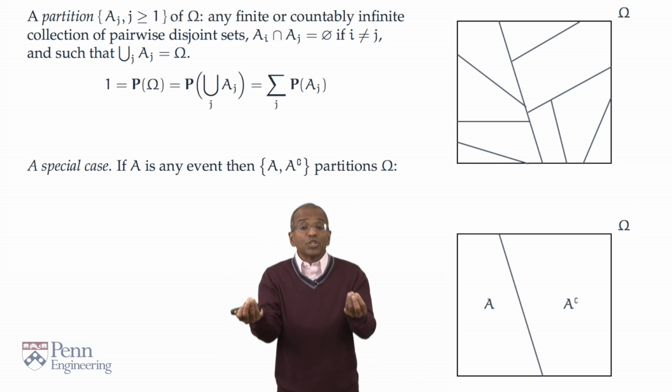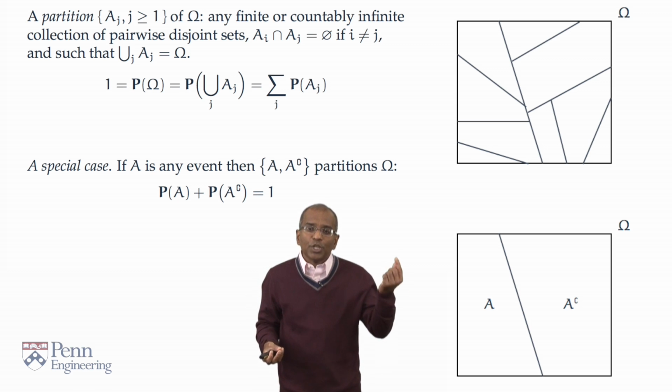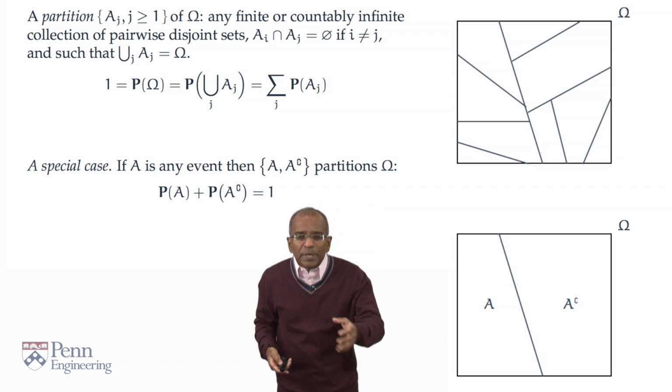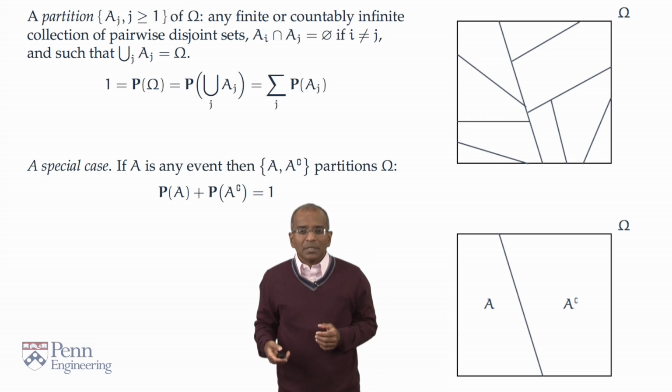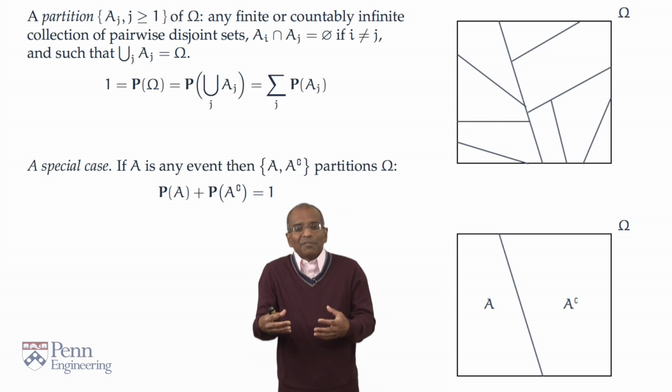A and A complement share no elements, they are disjoint, and the union is all of omega. Our additivity principle immediately tells us then that the sum of the probabilities of A and the complement of A must indeed perforce be unit. We've used this repeatedly in our elementary examples, and I can't emphasize enough how useful and important this observation is.